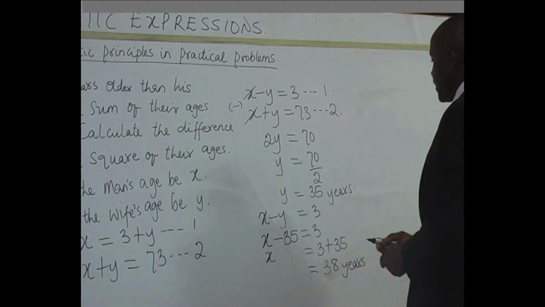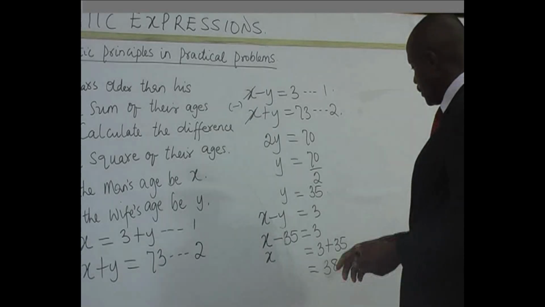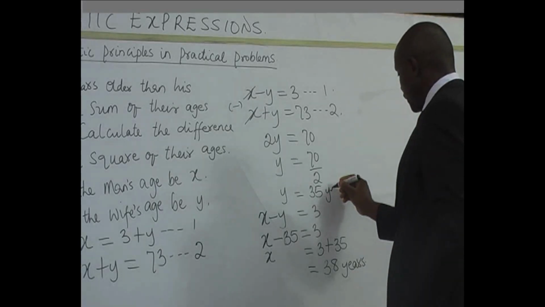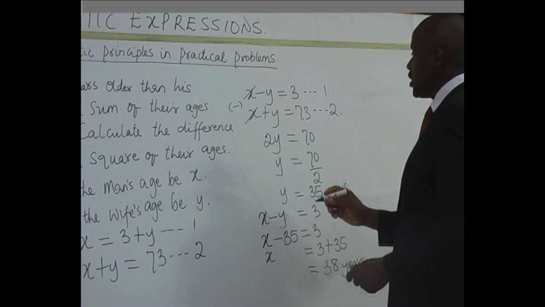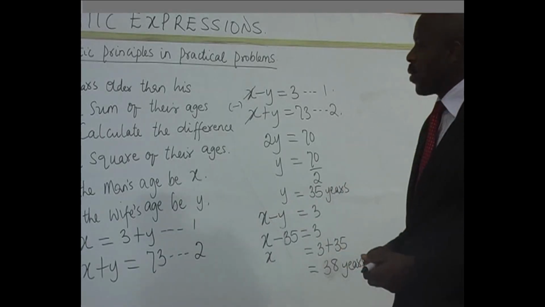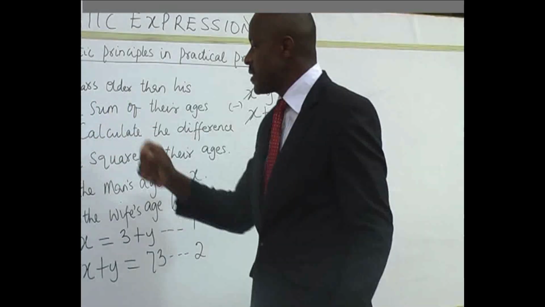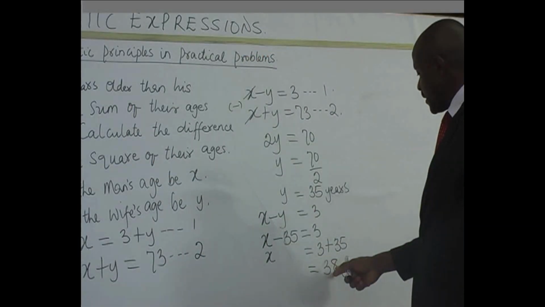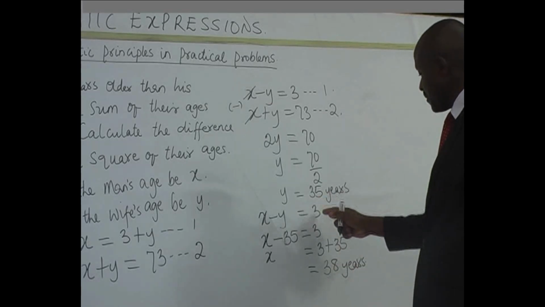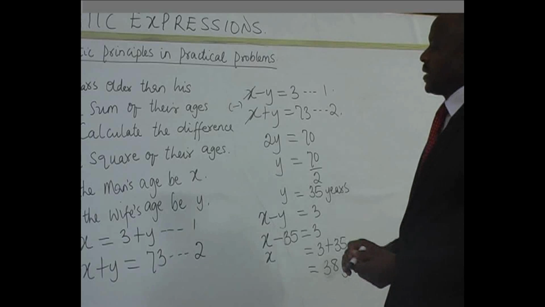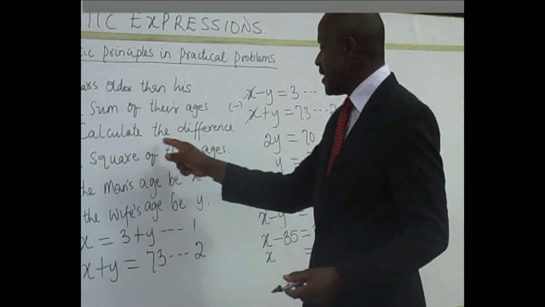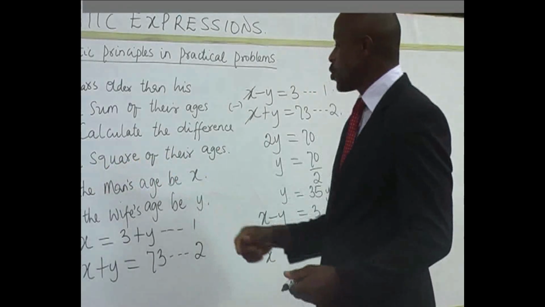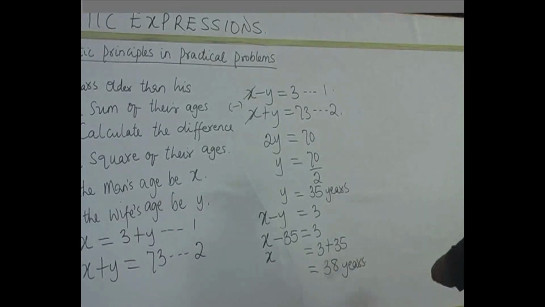This clarifies the fact that the man's age is 3 more than the wife's age, as the first sentence showed. Then if these are the ages of the man and the wife, 38 and 35, we are going to calculate the difference between the square of their ages.